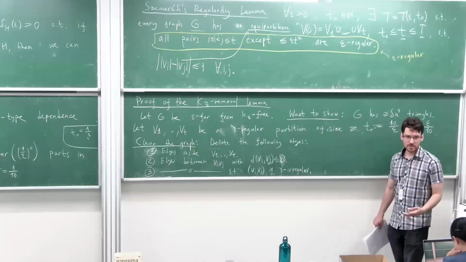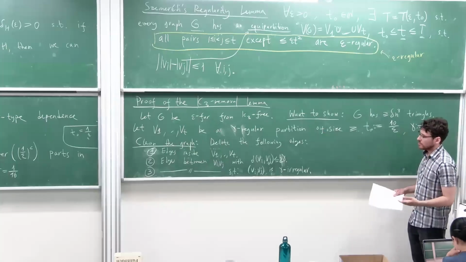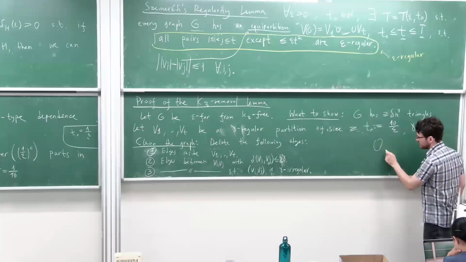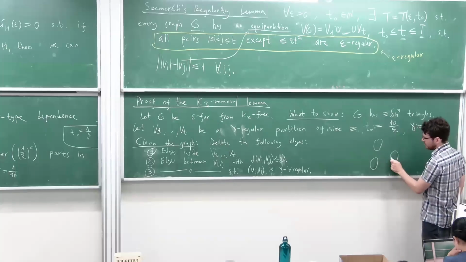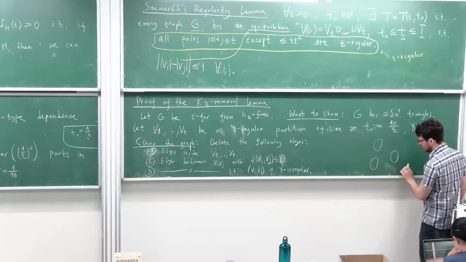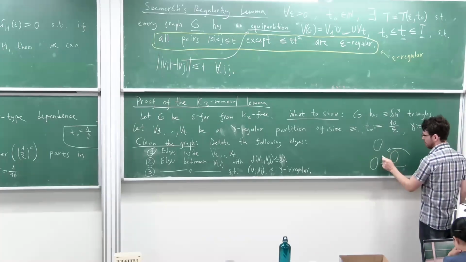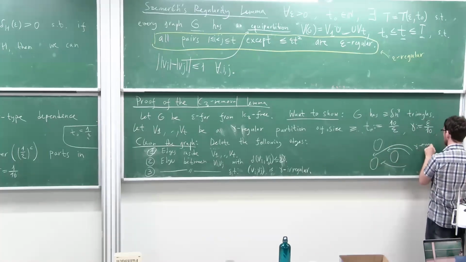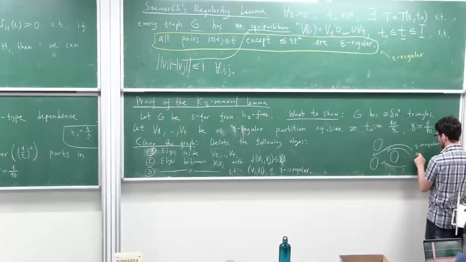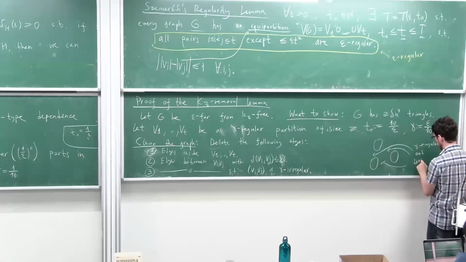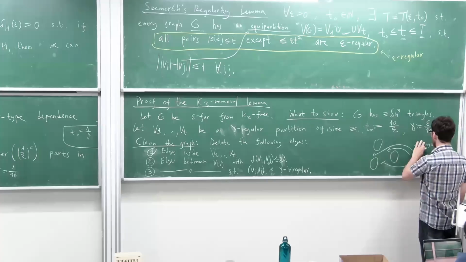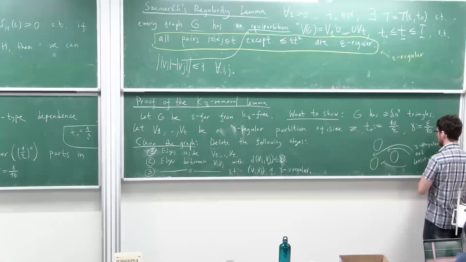Okay, so why am I doing this? Before, we had the counting lemma that told us that if we have three sets where all pairs are gamma regular and the densities are at least 2 gamma, then we have many triangles.